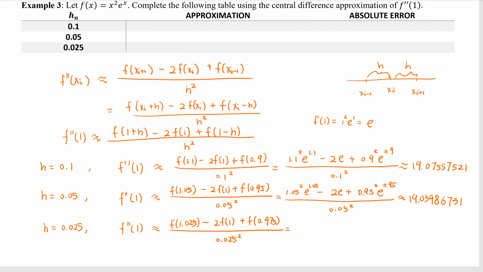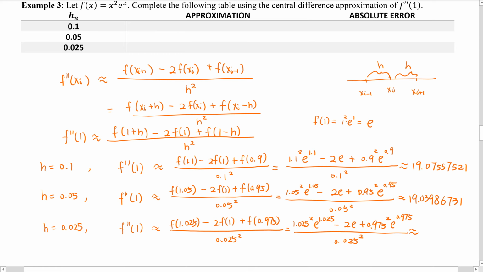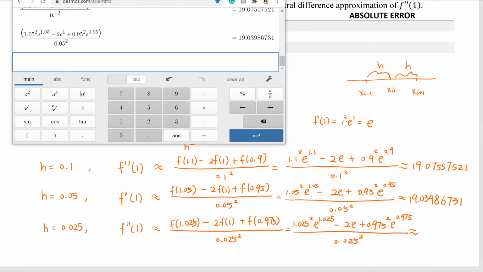And how do we change? 1.025 squared e to the 1.025 minus 2e plus 0.975 squared e to the 0.975 all over 0.025 squared. Is that okay, everybody? Alright, let's continue.